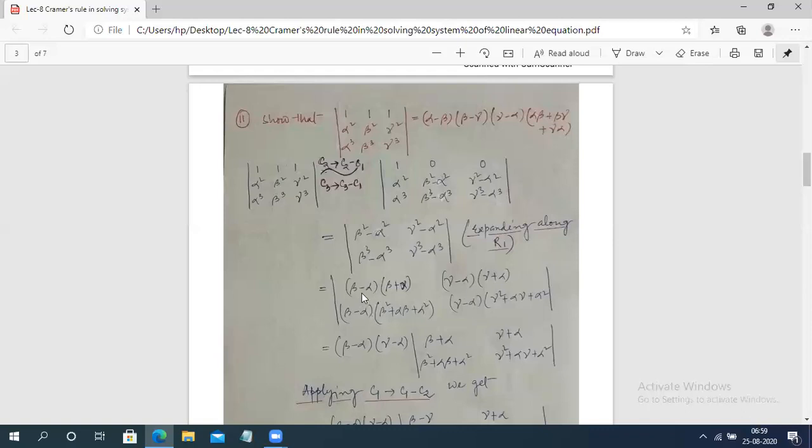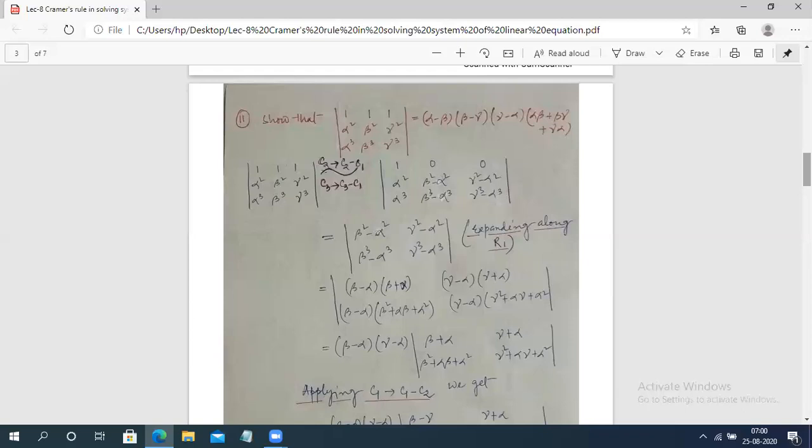So take beta minus alpha common from the first column and gamma minus alpha from the second column. So write these common terms. Now you are left with the terms beta plus alpha, gamma plus alpha, and then beta square plus alpha beta plus alpha square, and gamma square plus alpha gamma plus alpha square.